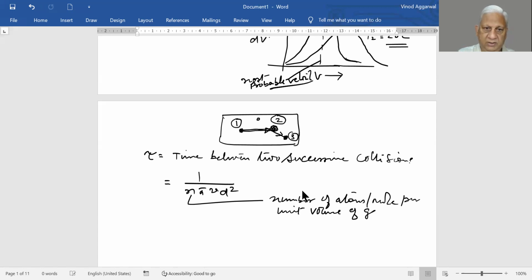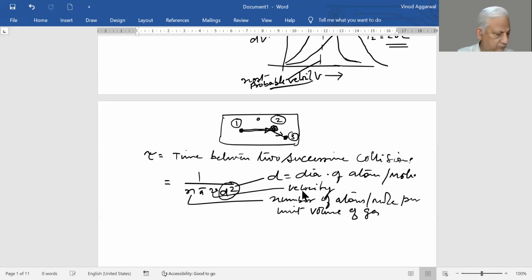Per unit volume of gas. V is the velocity and d is the diameter of atom or molecule. Okay.